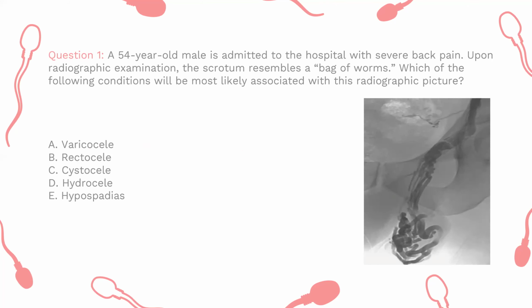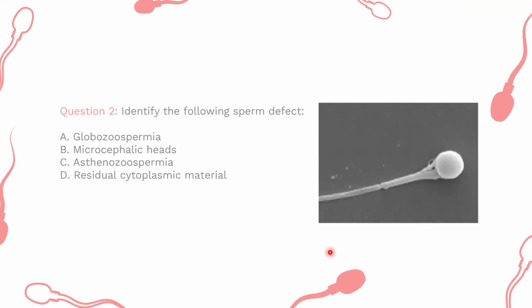It is varicose veins. Our next question is to identify the following sperm defect. A is globozoospermia, B is microcephalic heads, C is asthenozoospermia, D is residual cytoplasmic material.